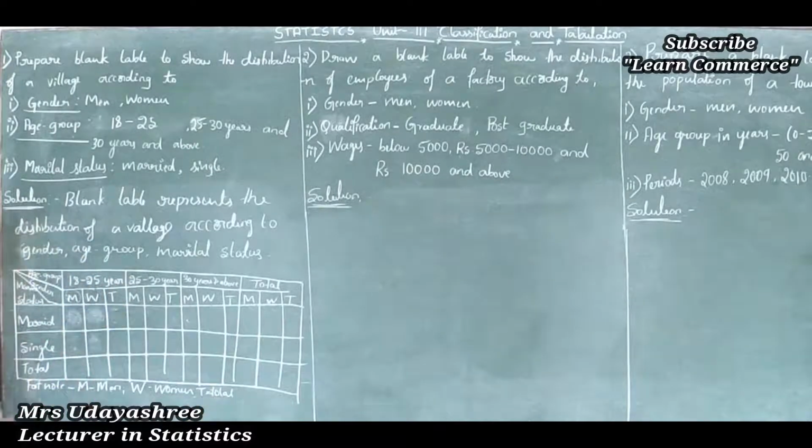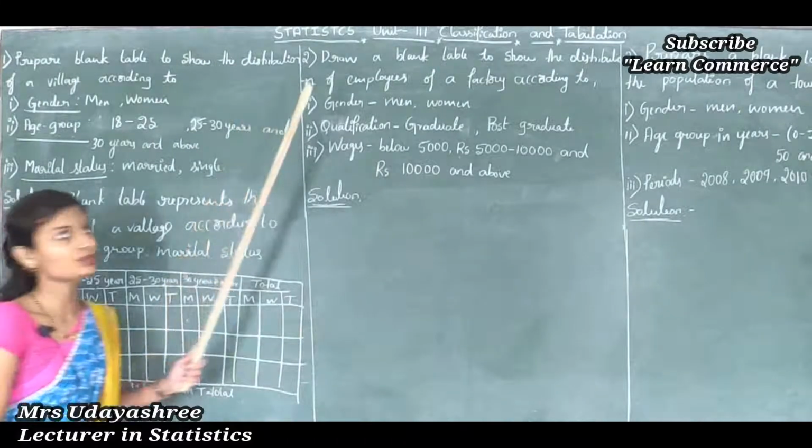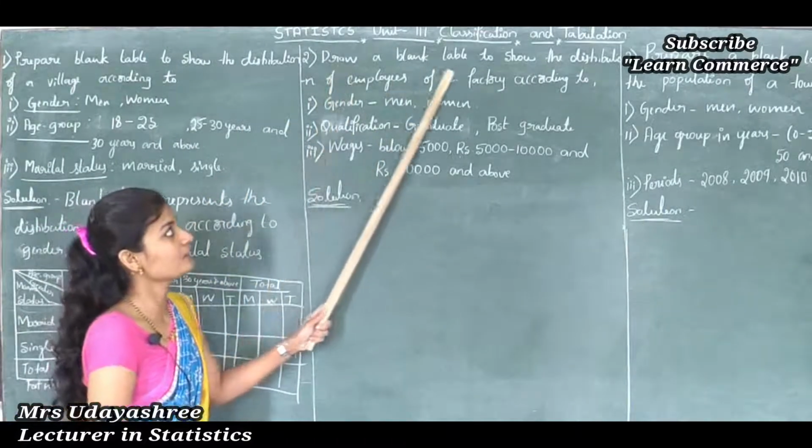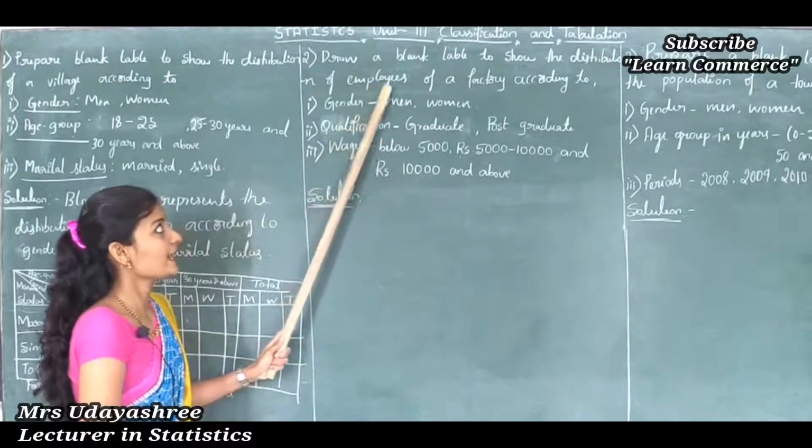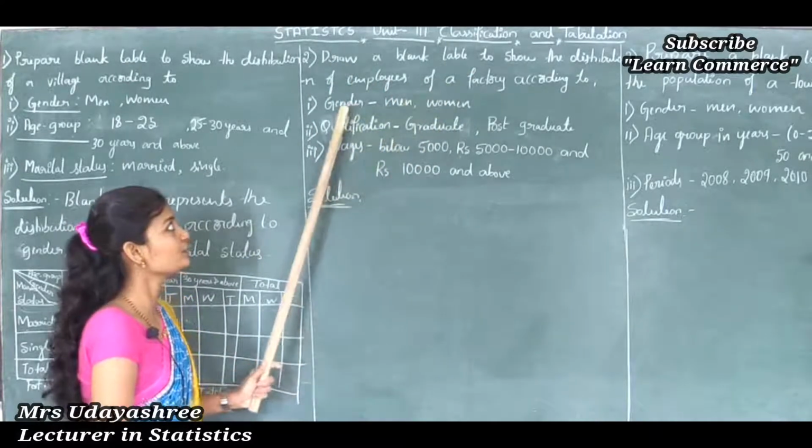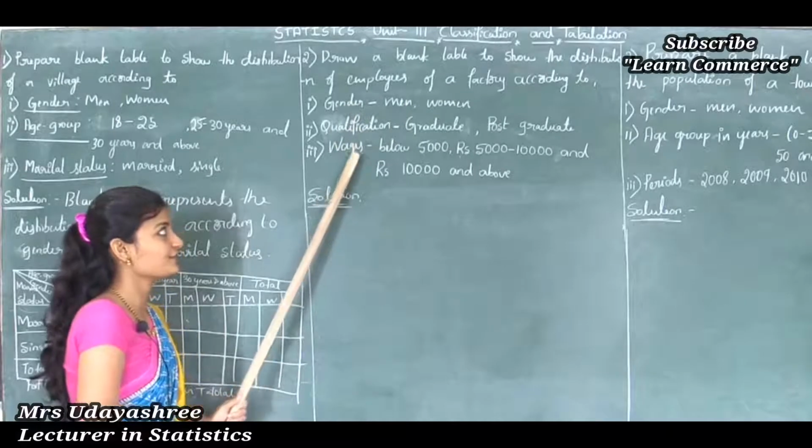So this is all about the first question. Here the title is: blank table represents the distribution of a village according to gender, age group and marital status. Okay, next move to problem number 2: draw a blank table to show the distribution of employees of a factory according to gender, qualification and wages.